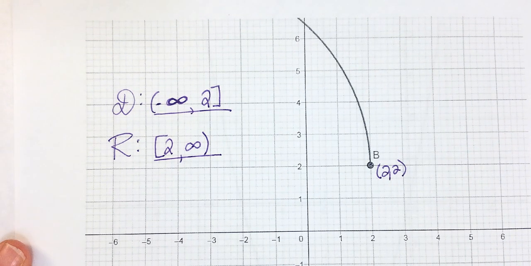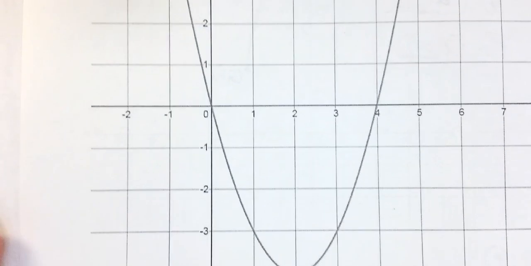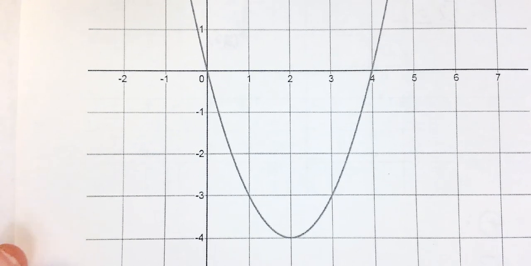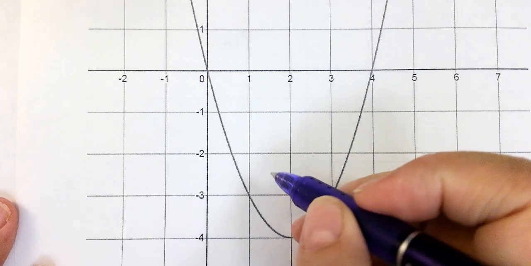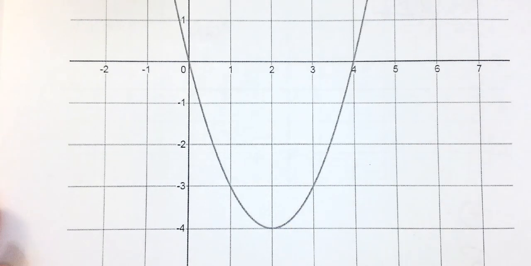Let's show one more. Let's see if I can get this on the screen. There we go. All right, this is actually just a standard parabola. And it's been shifted some, but let's define a couple points. Now notice that we don't have any points labeled on this graph, but we can figure out some of these points.